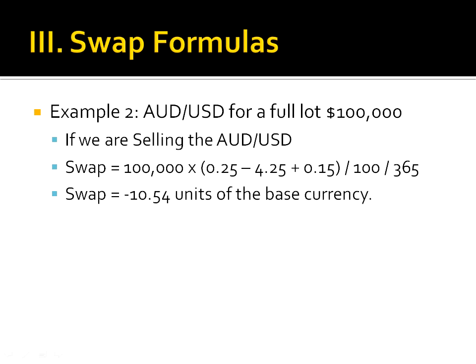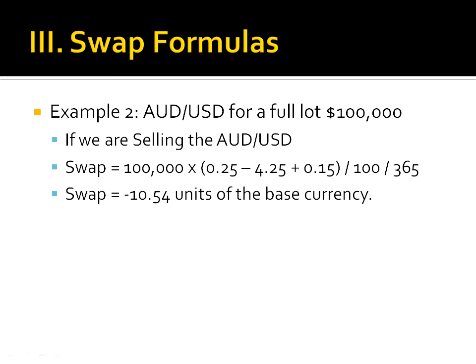Now, if you're selling the Australian dollar, US dollar, we'll plug in all the numbers. At the end of the day, you're going to end up owing, or you're going to pay, this is going to come out of your account, 10.54 Australian dollars, because it's the base currency. So you're going to owe 10.54.